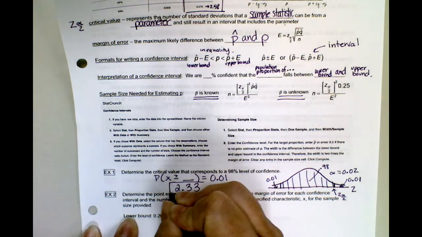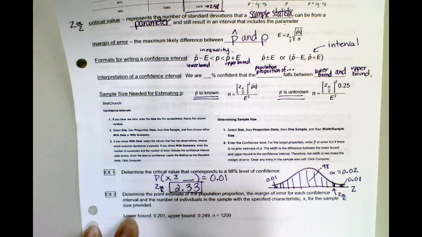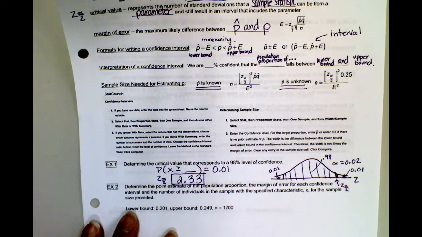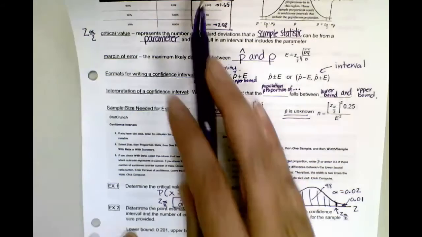So 2.33 is going to be my z sub alpha over 2. Again, we need to make sure that we can calculate any z sub alpha over 2 because they don't always use the most common ones.